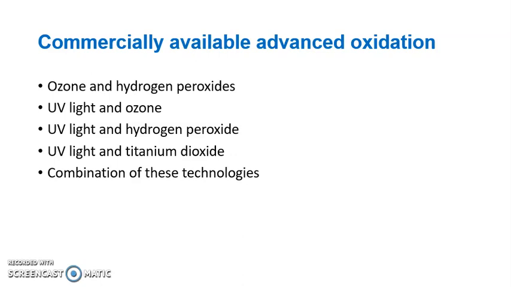We can have UV light and hydrogen peroxide, UV light and titanium dioxide, and even the combination of these technologies. In many of these processes, we are applying the hydrogen peroxide. So let's see how it's working.